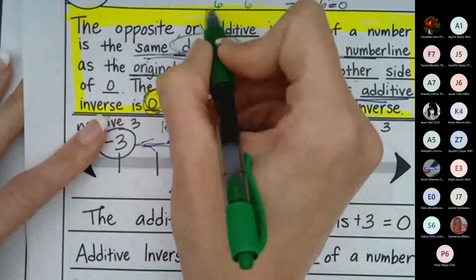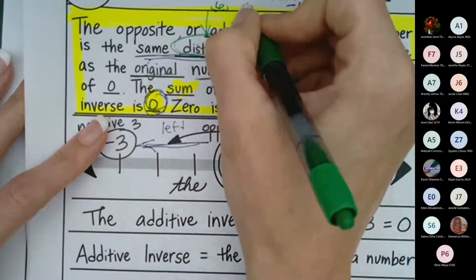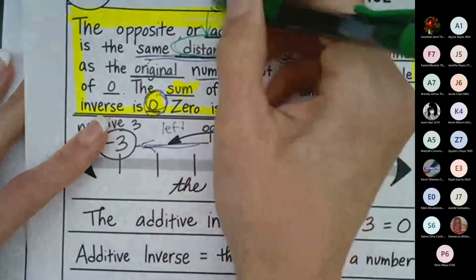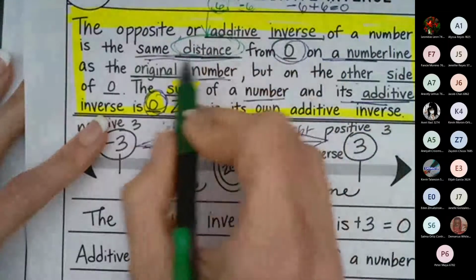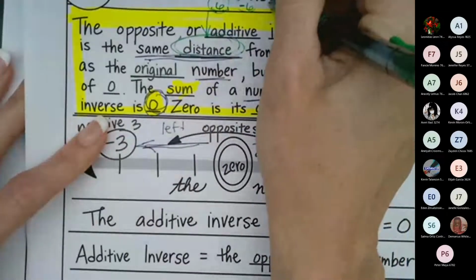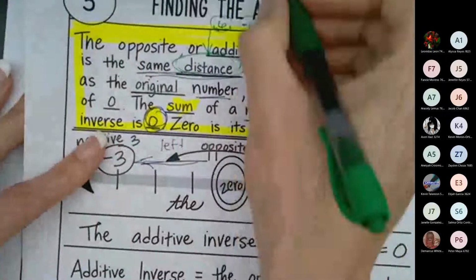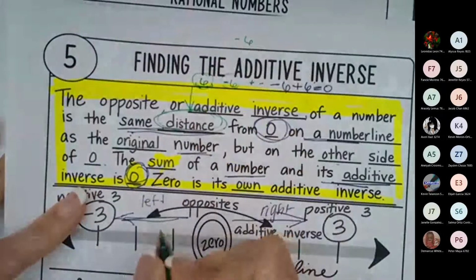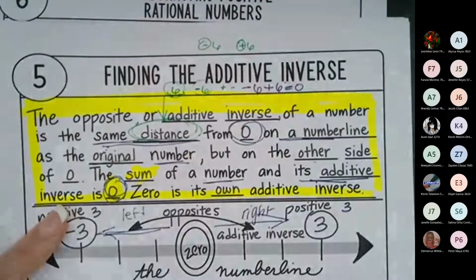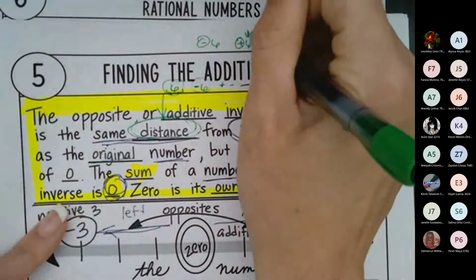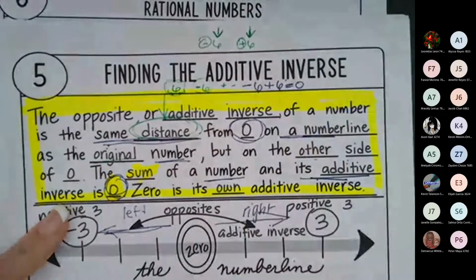Since this one was positive, I need to go 6 spaces over to the left side of 0, making it negative 6. So the only opposite part of my number would be the signs of positive and negative. If I had negative 6, its additive inverse would be positive 6, because I'm switching the signs. But the distance, meaning value, is going to stay the same.